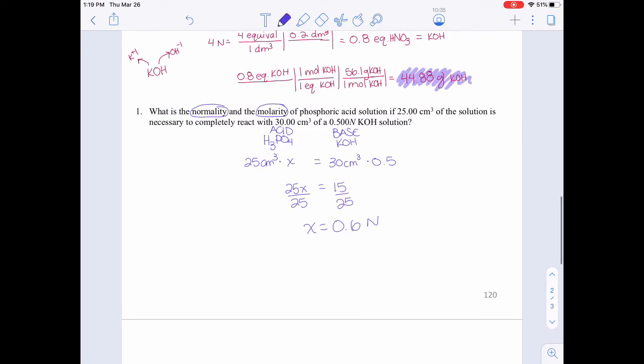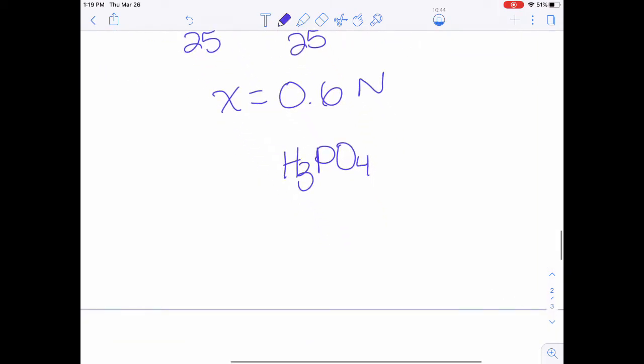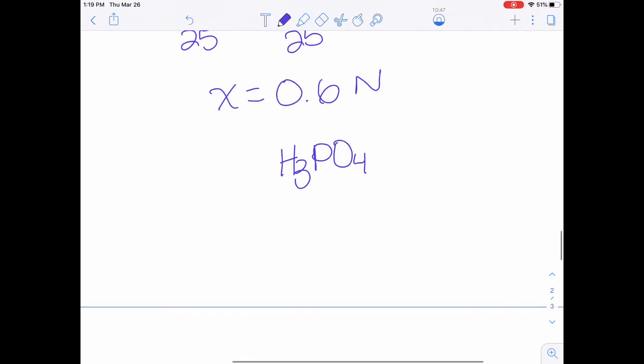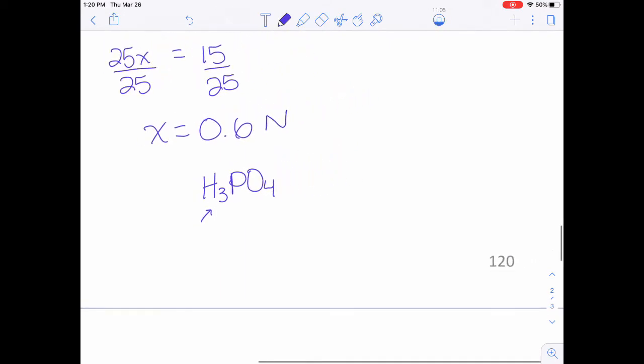Since we're talking about phosphoric acid, H3PO4, we have to think number of hydrogens for the number of charge equivalents. There are 3 hydrogens. When phosphoric acid dissociates, it would give up 3 hydrogens, one at a time, but we have to think of that as 3 different charge equivalents.